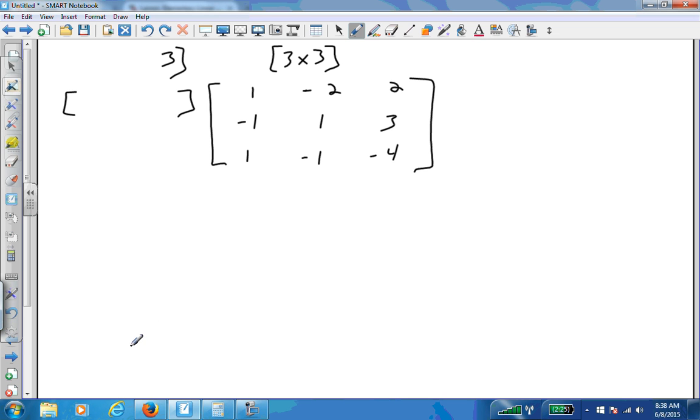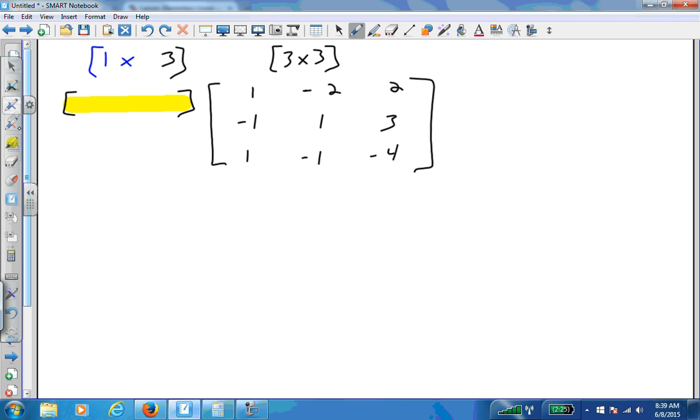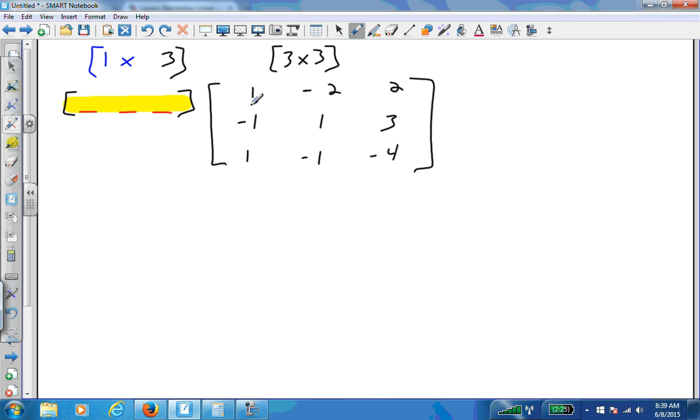So we need to have 3 columns here. So generally what you do is you break your message up into individual rows. So let's just do 1 row here. If we have 1 row, 3 columns, that means we have 3 spaces. So the first 3 will be in this first matrix.